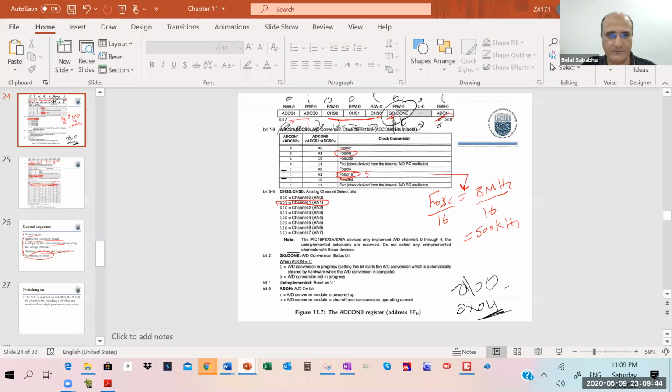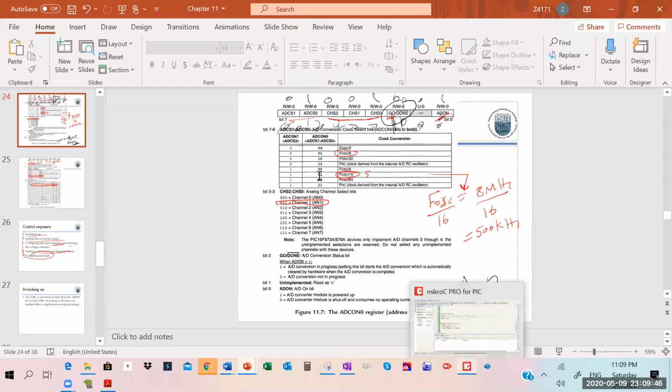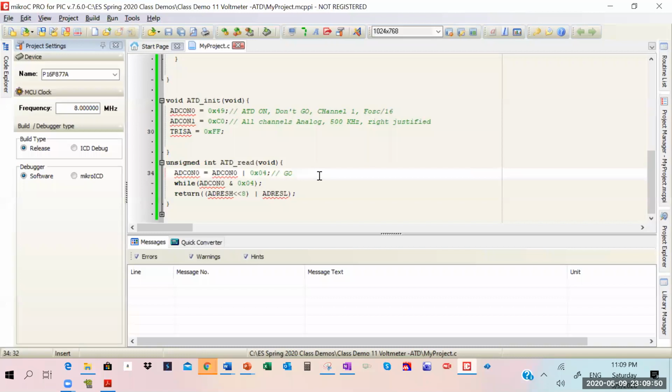Good, so once I call this function it will start the conversion and give you a reading, but wait. Once I call this function I'm going to get a reading, but in detail, I set this bit, I said go. Then I say while ADCON0 ANDed with 0x04, meaning I masked everything and only the bit I set to 1 remains. ANDed everything with zero gives zeros for them, except this bit with 1, it is 1 because I wrote 1, it is going to stay 1.